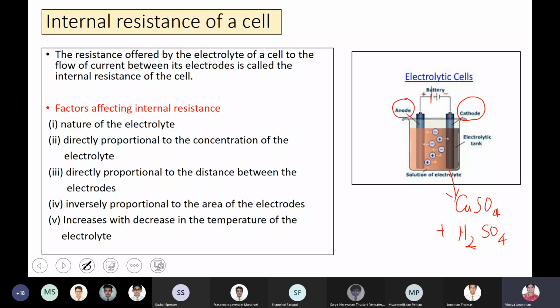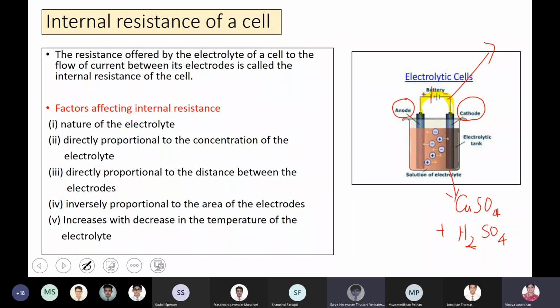Now, the current is flowing through the external circuit. What constitutes the flow of current in the external circuit? Is the flow of current due to positive ions, electrons, or what?